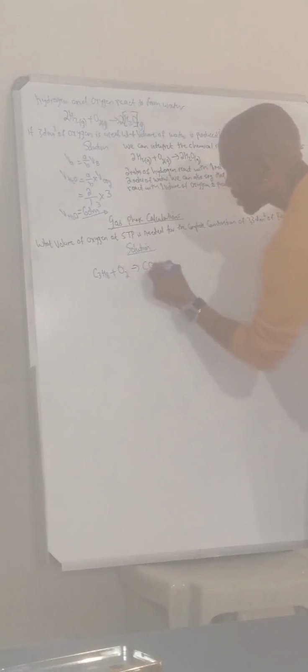So first, write down the chemical reaction: C3H8, propane, in the presence of oxygen produces carbon dioxide plus water.